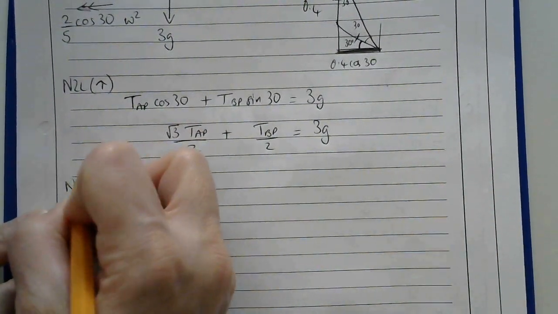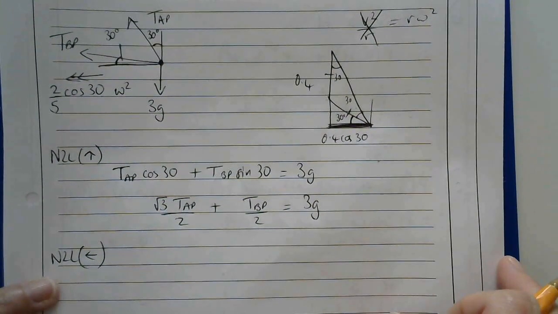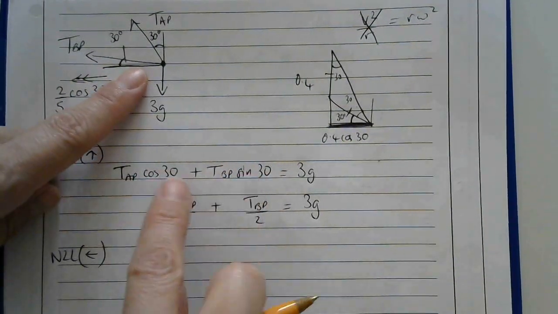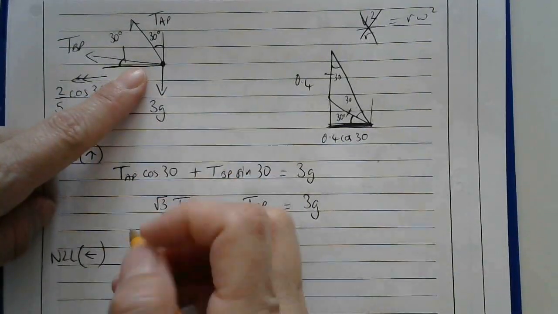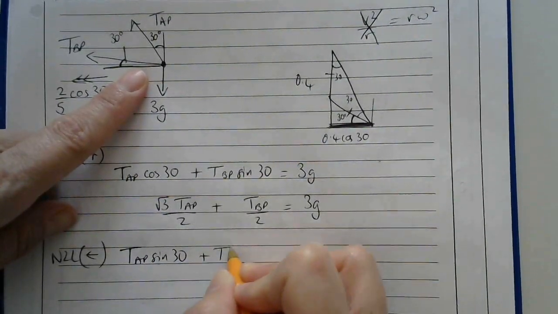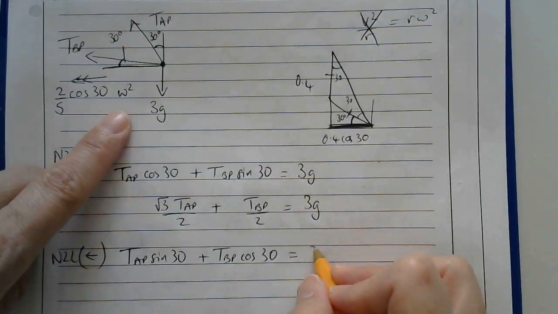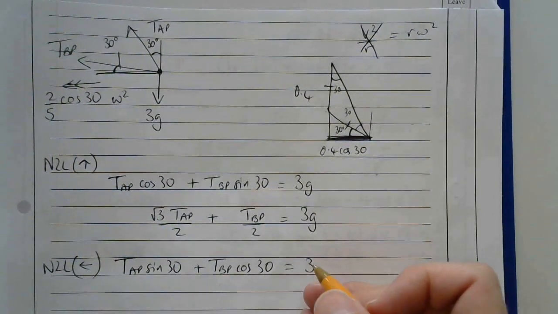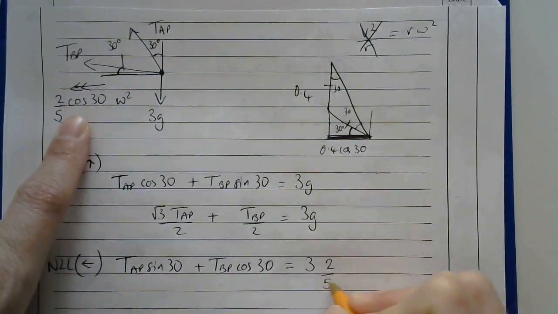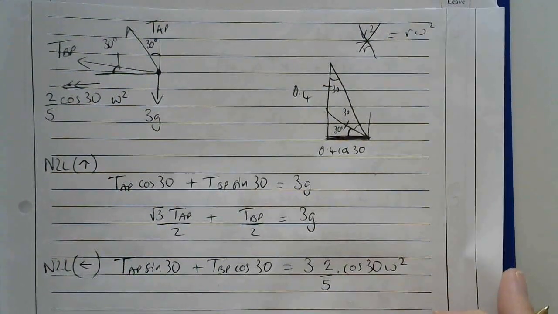Then I can do Newton's second law towards the centre of the circle. Okay, so this time I have the same thing that I had here, except this one will be sine and this one will be cos. So here I've got TAP sine 30 plus TBP cos 30 equals the mass, which was 3, times the acceleration, which was this, 2/5 cos 30 omega squared.